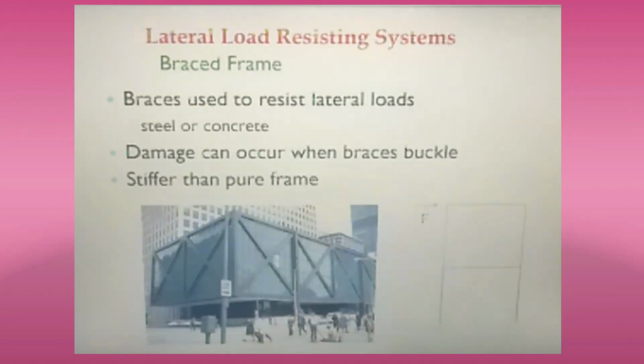The force is acting in a lateral direction. Damage can occur when braces buckle; if the braces buckle, damage to the structure can happen. If you are providing bracing, the building is stiffer than a pure frame.